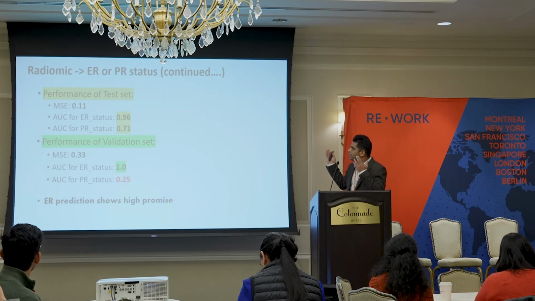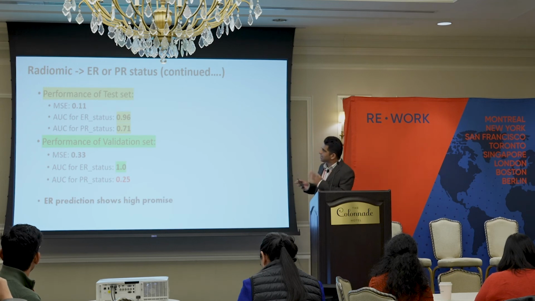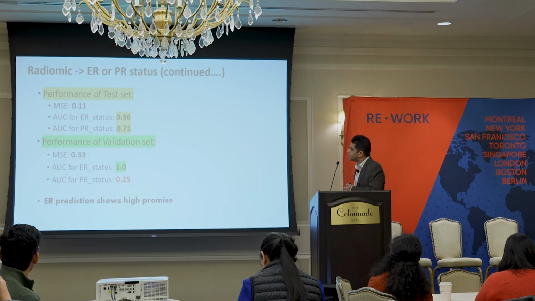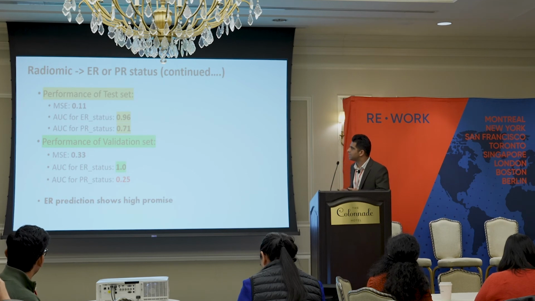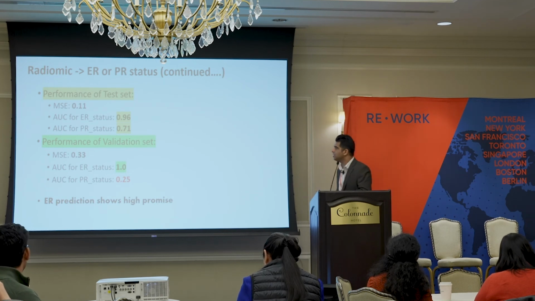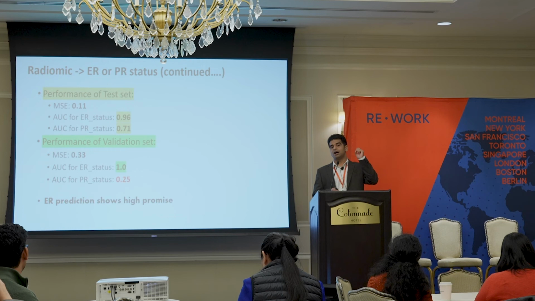With the validation data set, we got a very tight MSE, which does correlate with the cross-validation metrics that we got earlier. We saw that the AUC for the ER status was right on spot. Again, these are the statuses reported by the pathologists that we used in the data.